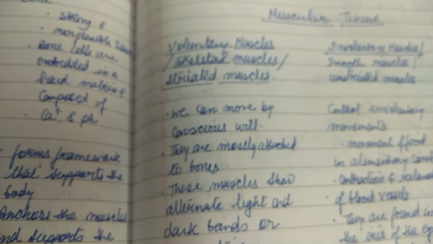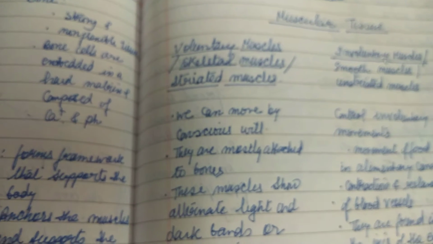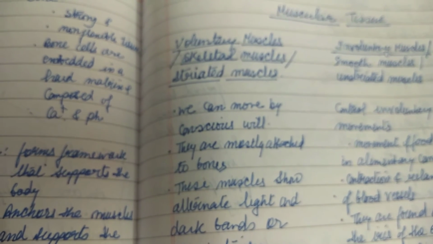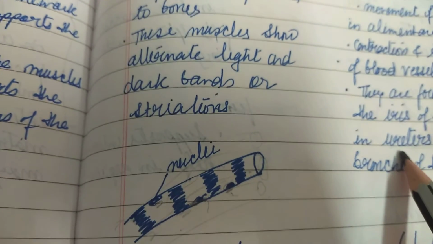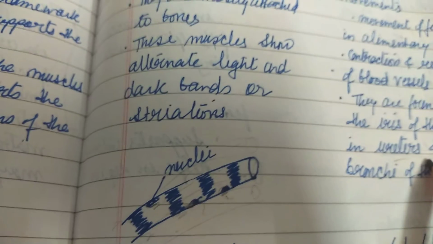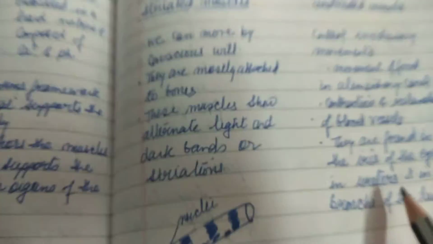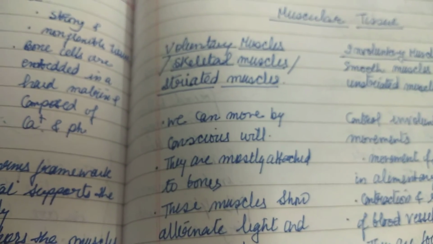So they are found in the iris of the eye, and that is also not under our control. Secondly, they are found in the ureter in our excretory system, where urine is present, and in the bronchi of our lungs. All these movements are controlled by involuntary muscles.